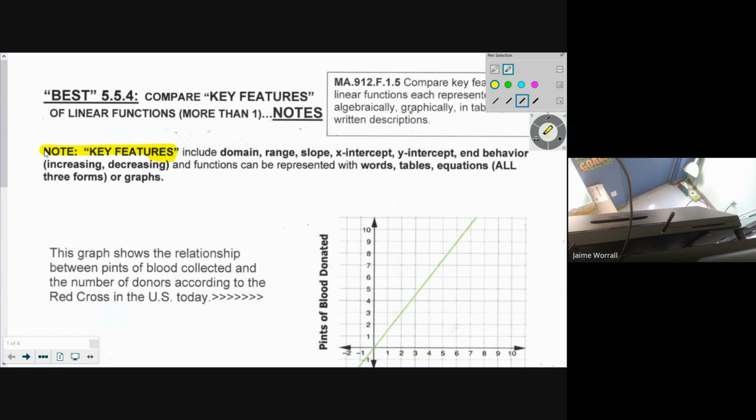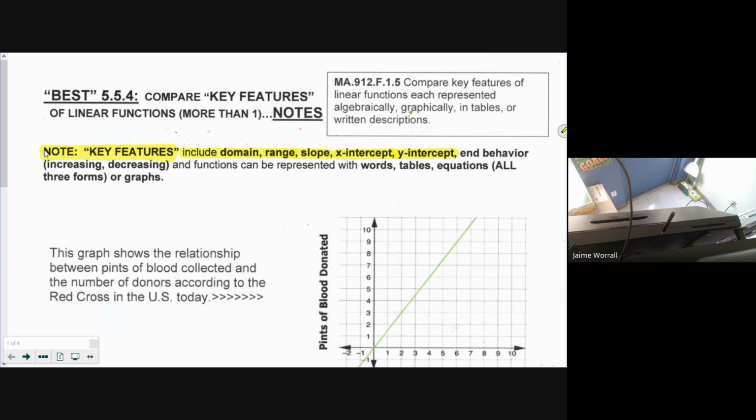one more time, key features. What lives with you all year long in every function family. Your key features will include your domain, your range, your slope number, your x-intercept, your y-intercept.